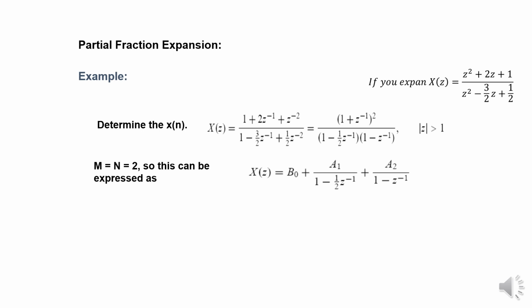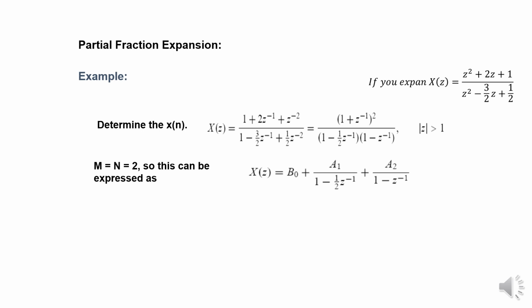X(z) will be B naught, some value that will not have z terms or z minus 1 terms, plus A1 divided by 1 minus 1 over 2 z minus 1, plus A2 divided by 1 minus z minus 1. This is the partial fraction expansion of X(z).